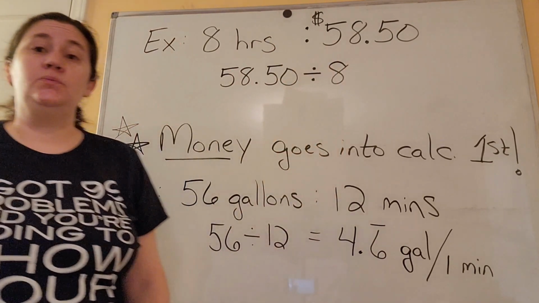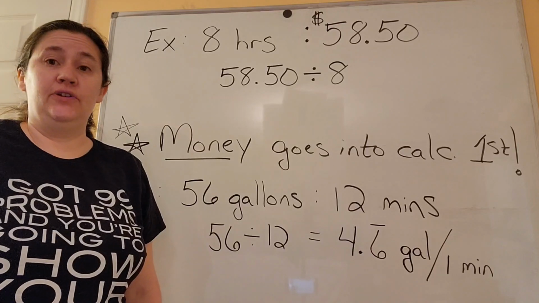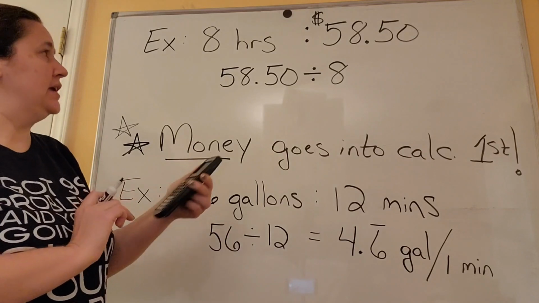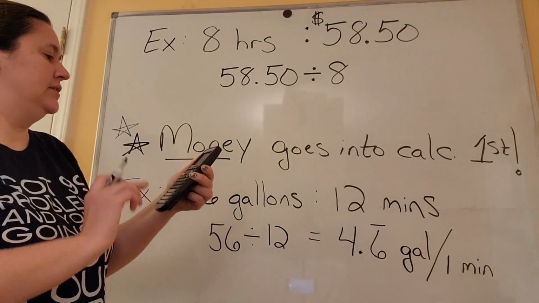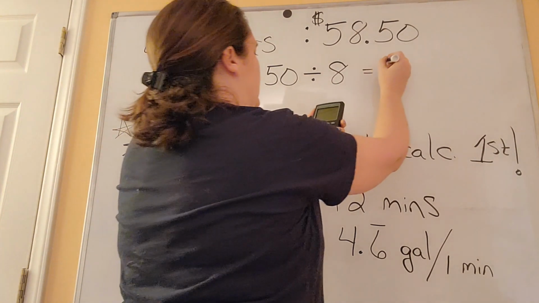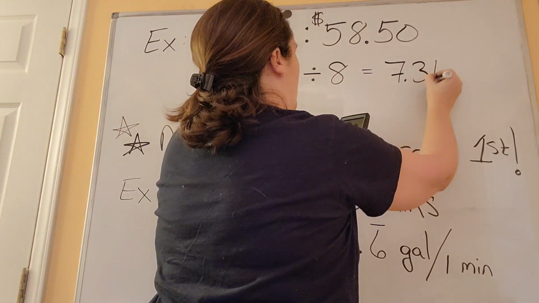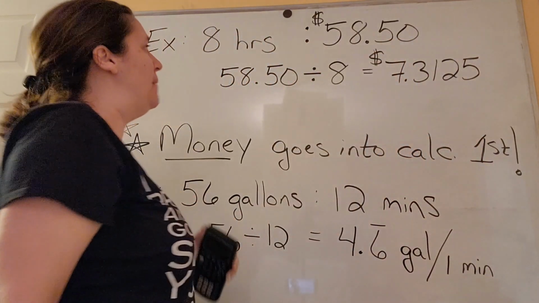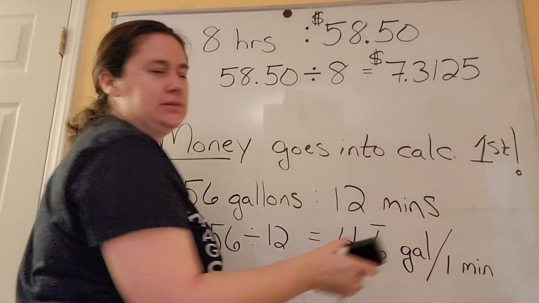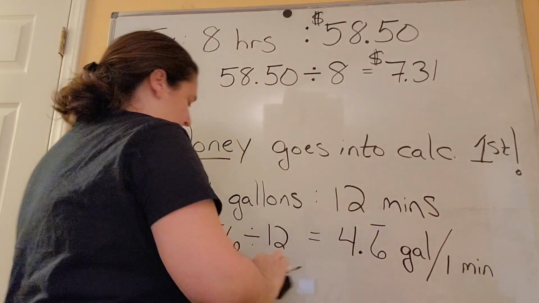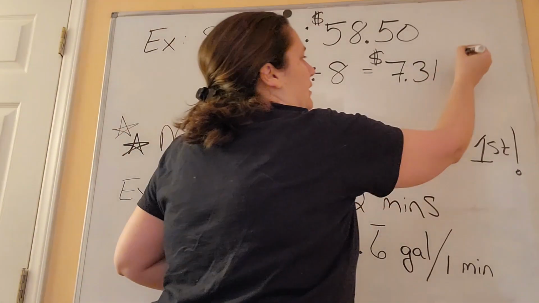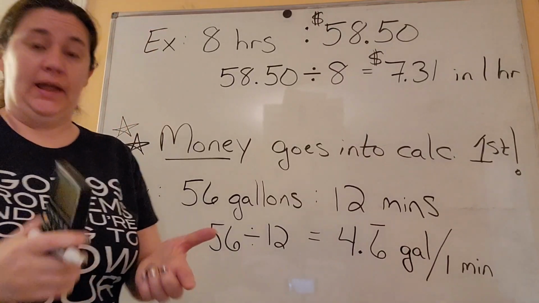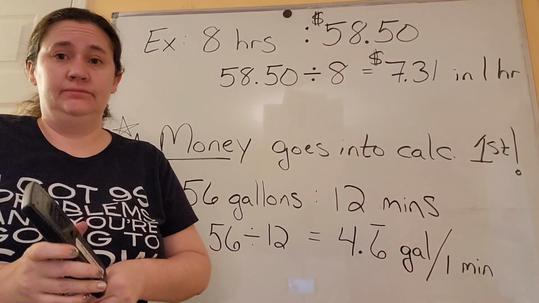So in this problem, we had to put the second number into our calculator first because it involved money. $58.50 divided by 8 is 7.3125. And since we're talking about money, why don't we round it to the nearest penny and say $7.31 in 1 hour. That is our unit rate, money per hour.